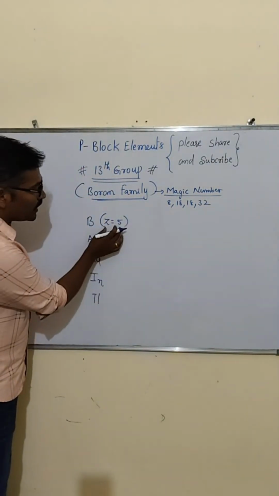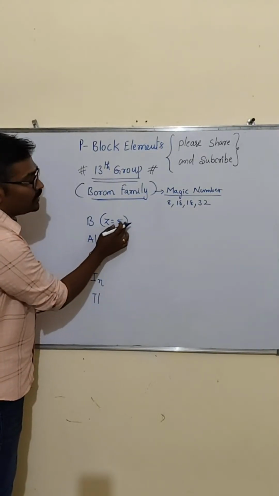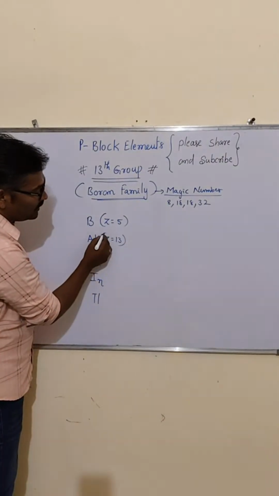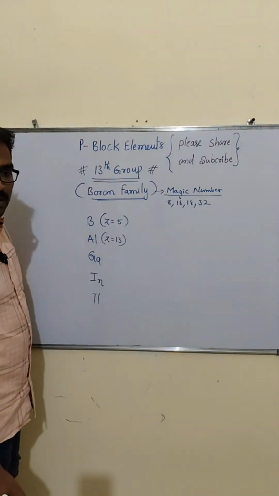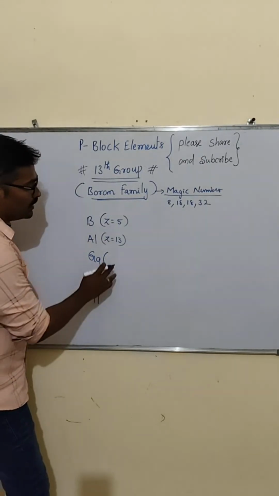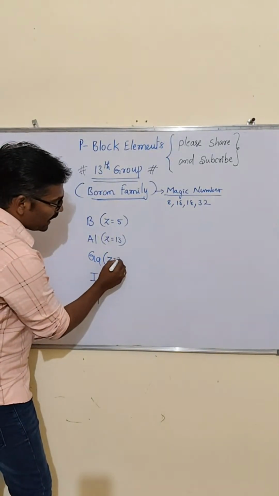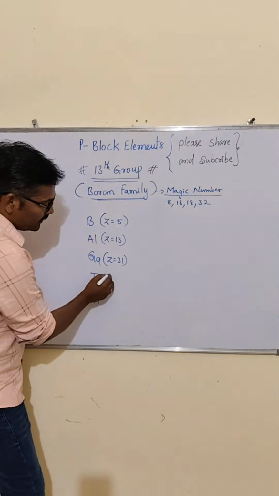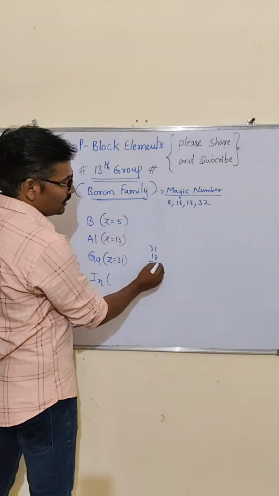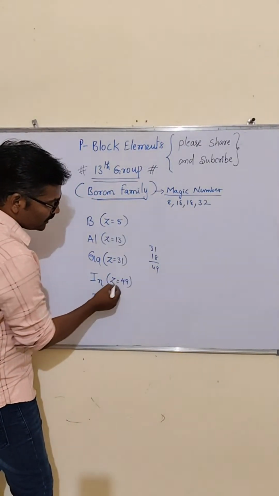Atomic number 5, if you add 8, you get aluminium with atomic number 13. Now for gallium, 13 plus 18 gives atomic number 31. Next, 18 added to 31 gives 49, the atomic number for indium.